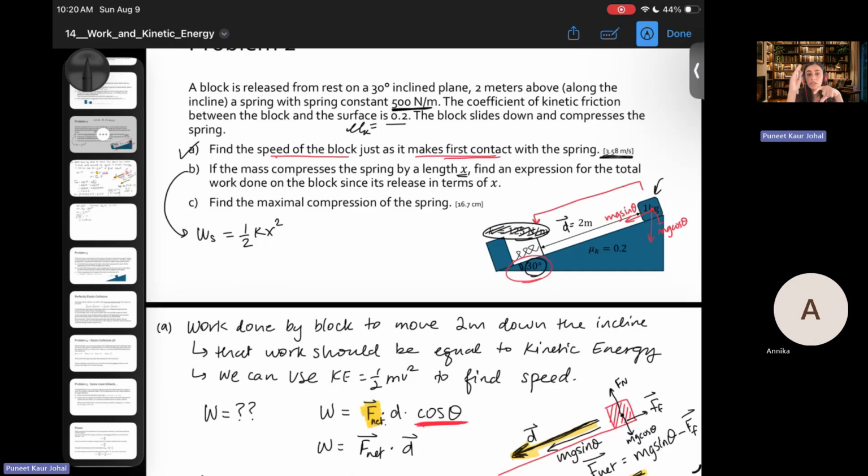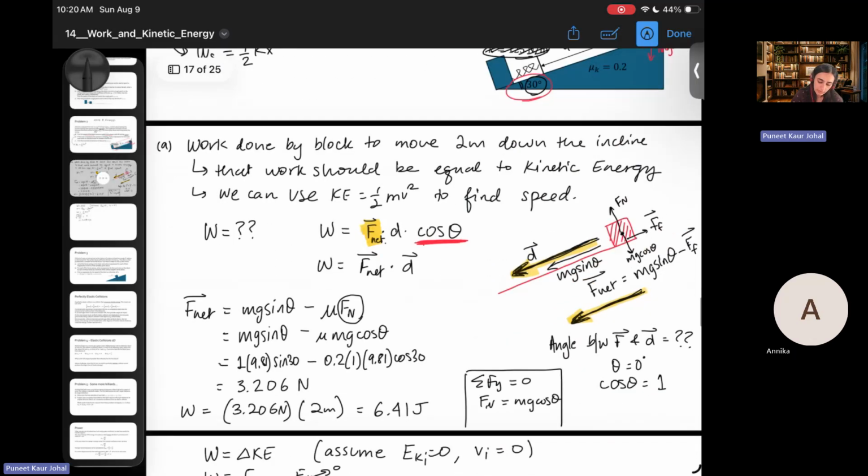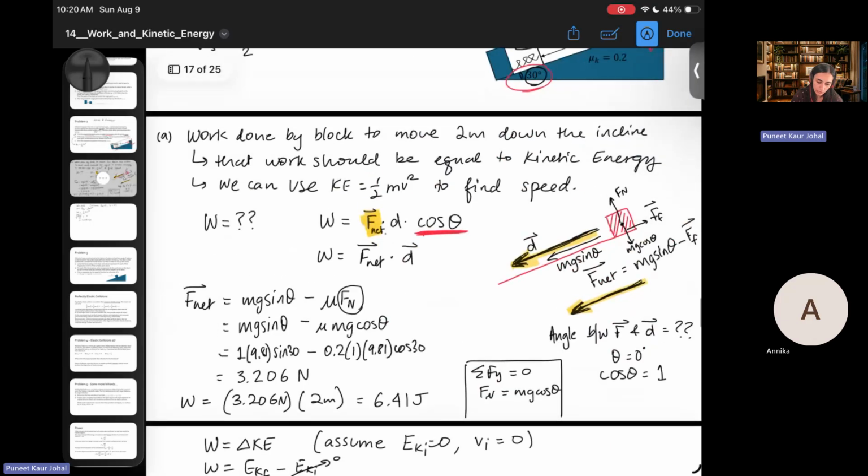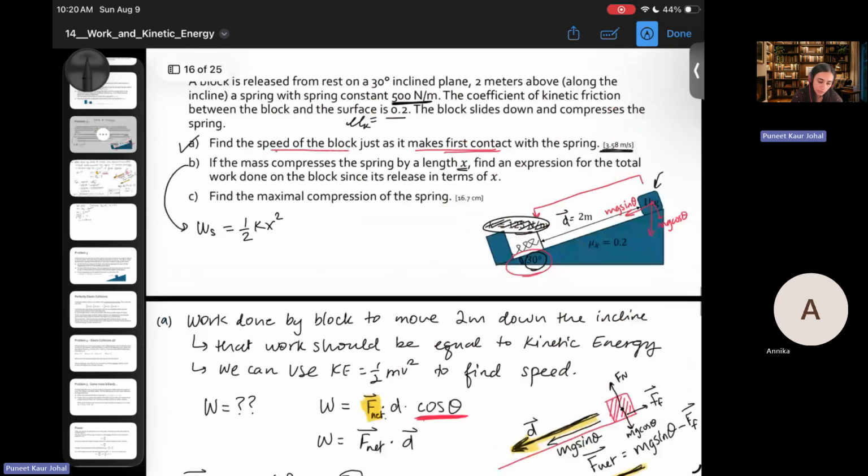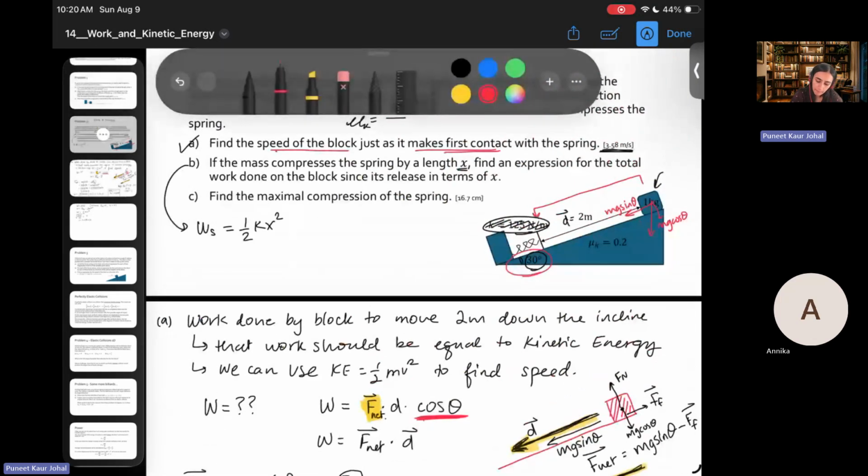Now, the other work done: since its release, it has been traveling down all the way. When we did part A of the question, we were just stopping here because it makes the first contact with the spring.